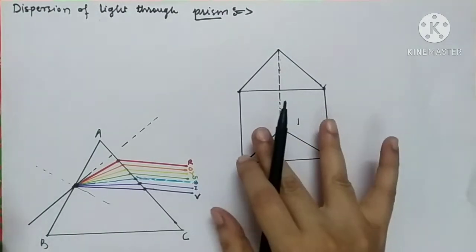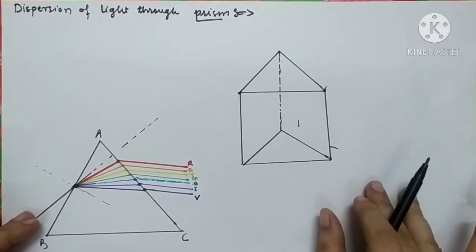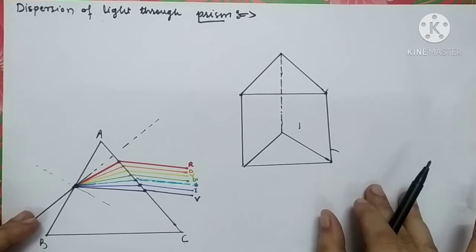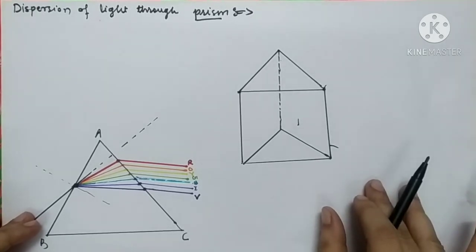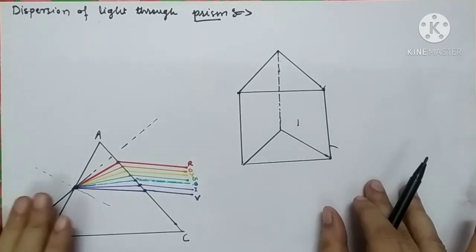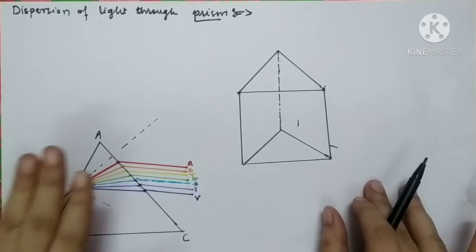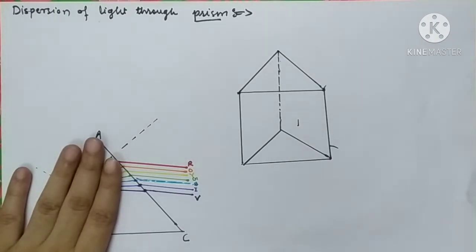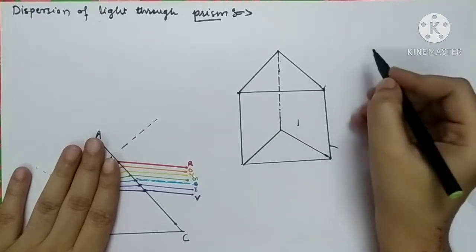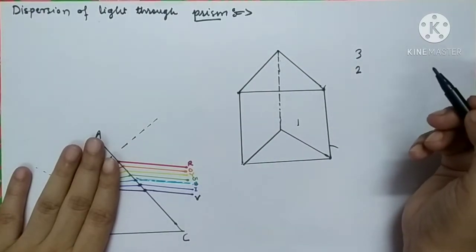Obviously three rectangular surfaces are there, and these three rectangular surfaces act as refracting surfaces on which we will observe the process of refraction of light. So a prism is nothing but a glass material bounded by three rectangular surfaces and two triangular surfaces.